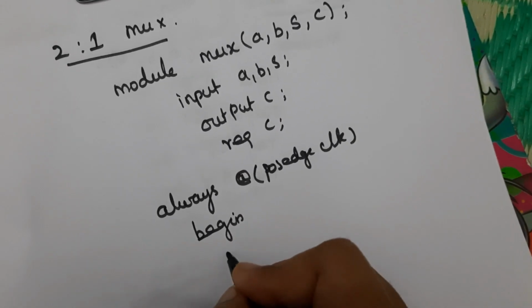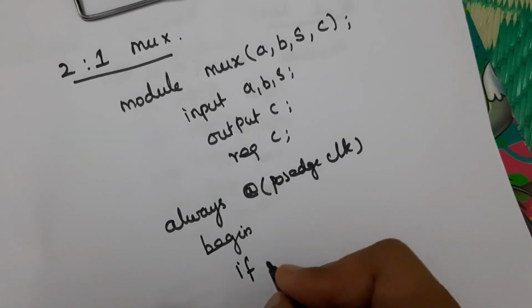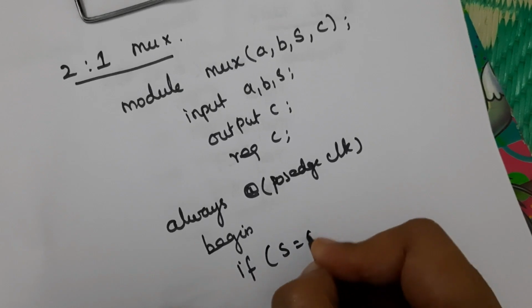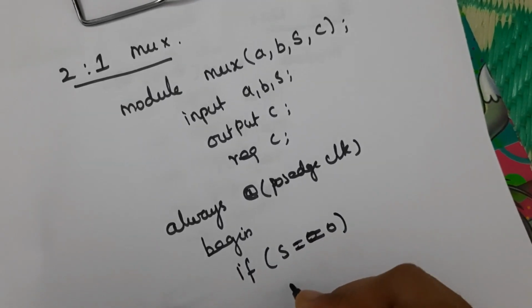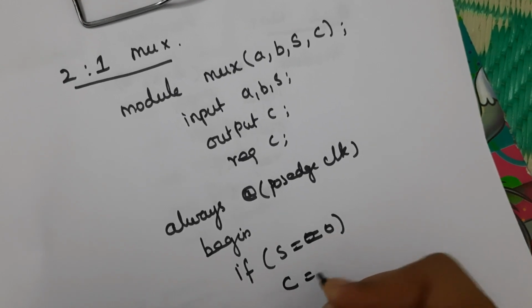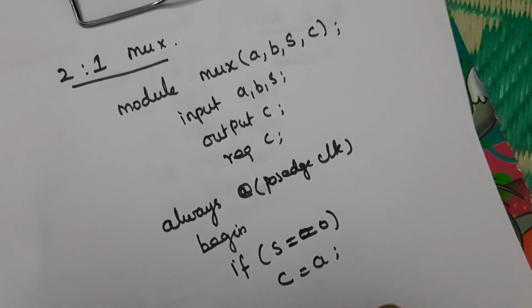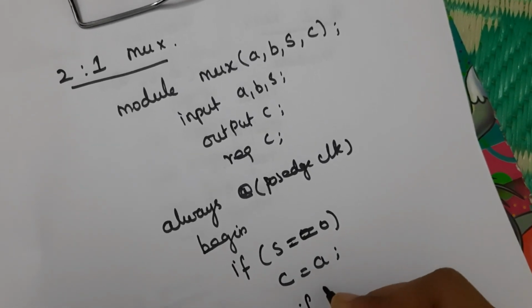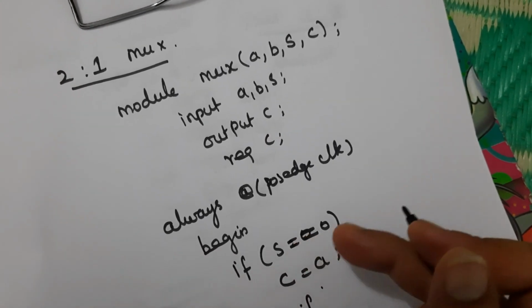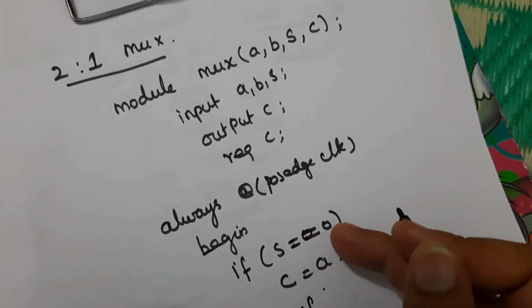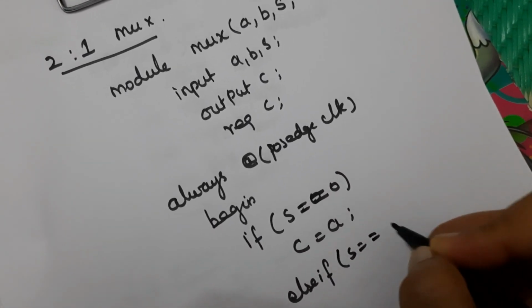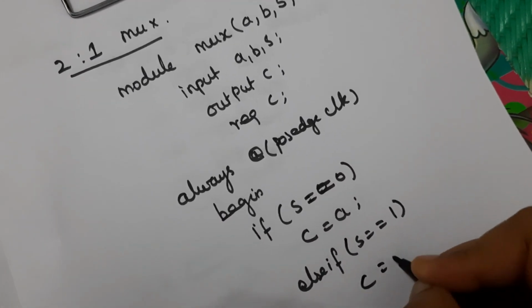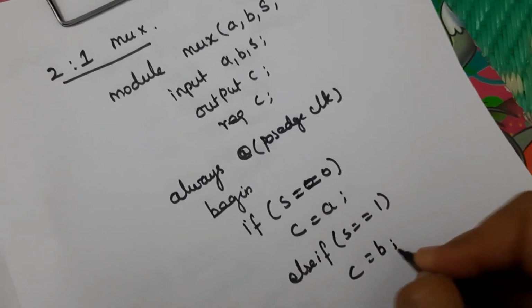So inside this block we mention the condition: if S is equal to 0, then C is equal to A. Else, if S is not 0, it automatically takes the value 1, so no need to mention it here. Otherwise you can mention if S is equal to 1, C is equal to B.